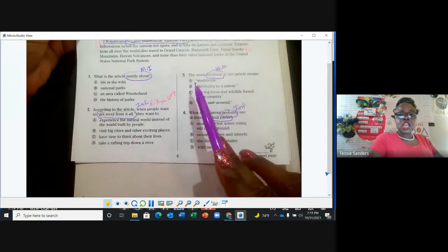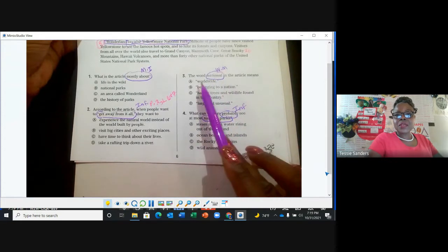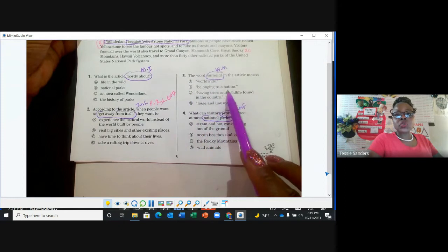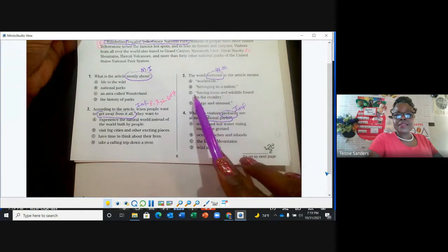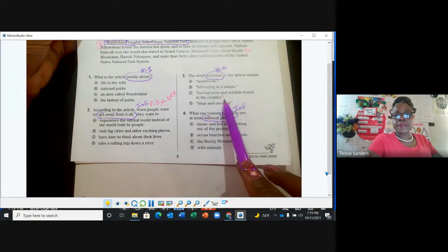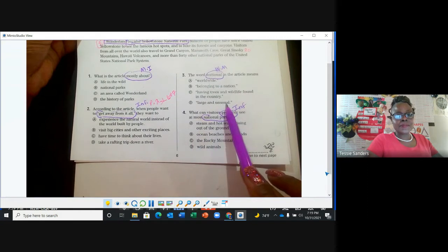Number three, the word national in the article means A, worldwide. B, belonging to a nation. C, having trees and wildlife found in the country. D, large and unusual.